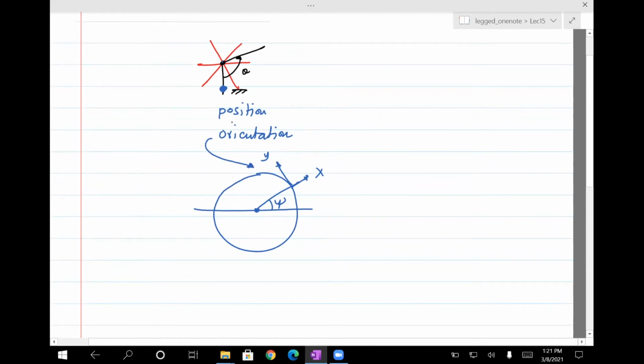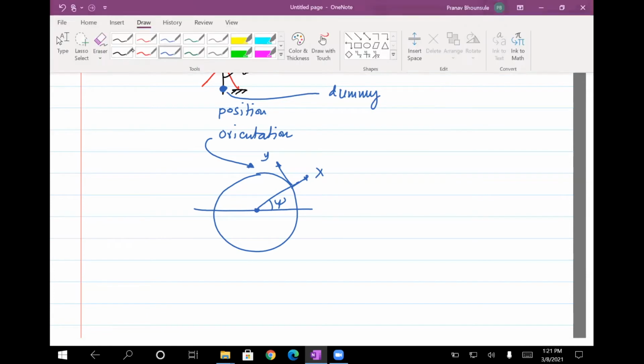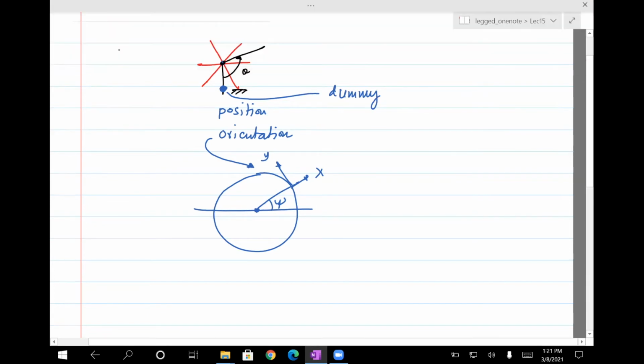And so if I set the position and orientation of the dummy, that's the dummy, then all I need to do is I just need to say, I think it's get orientation of the torso, where this is the torso, with respect to this dummy.